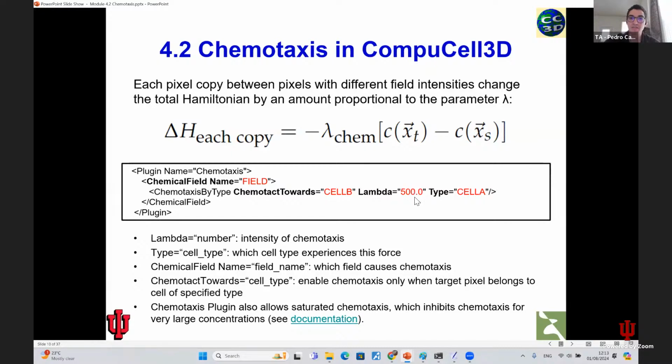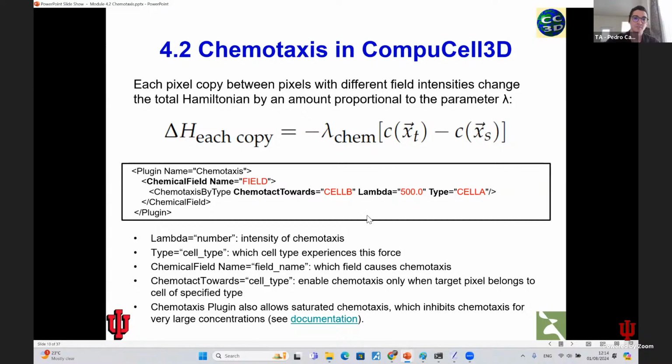This number here, 500, is the lambda chemotaxis. It is the intensity of chemotaxis. How much force is the membrane experiencing for a given gradient? This gradient, this field difference, is multiplied by lambda, which then works as an energy difference.